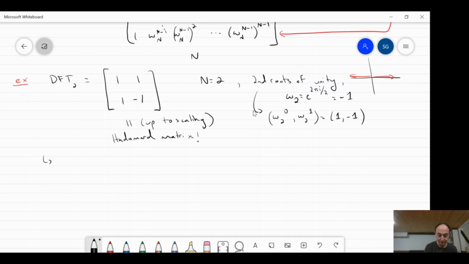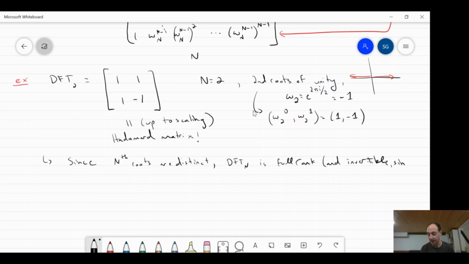So since the nth roots are distinct, the DFT matrix is going to be full rank, and it will be invertible since it's square and full rank.